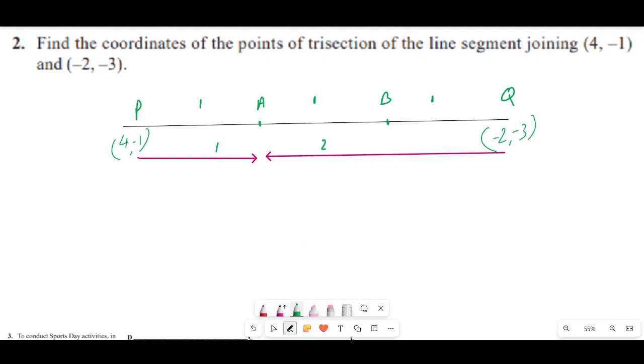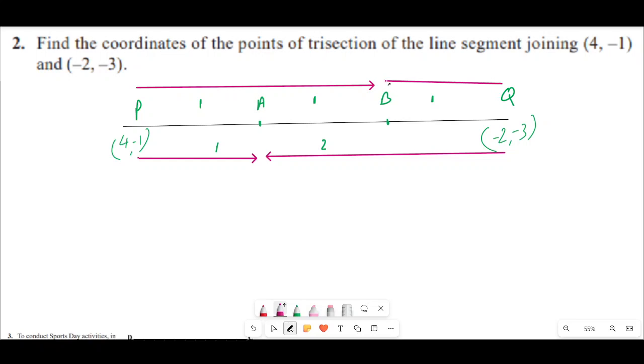If we talk about the second point, for the ratio PB, this will be 1, this will be 2, and for BQ it will be 1. That is the way and trick to recognize the ratio.